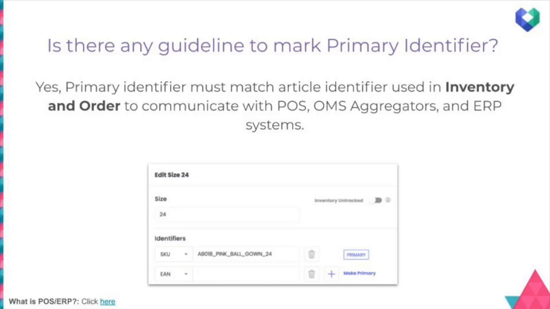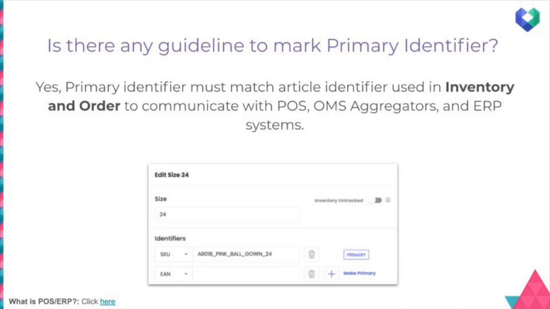There are certain questions that might arise while uploading inventory. Is there any guideline to mark your primary identifier? Yes, your primary identifier must match your article identifier that is used for inventory and orders to communicate with your inventory systems.